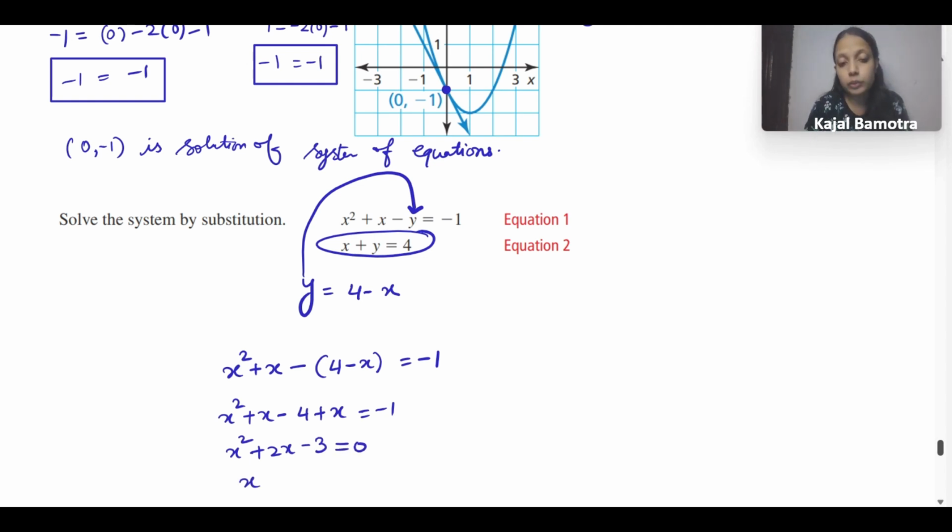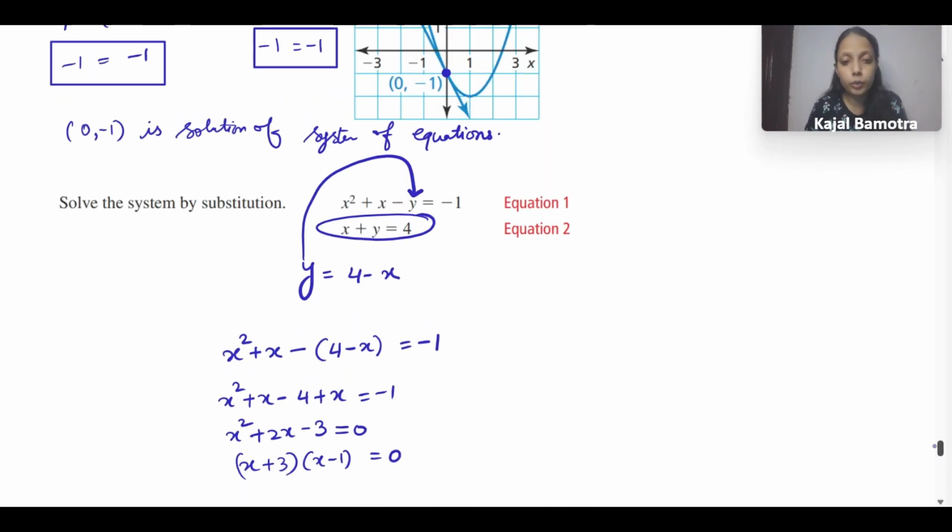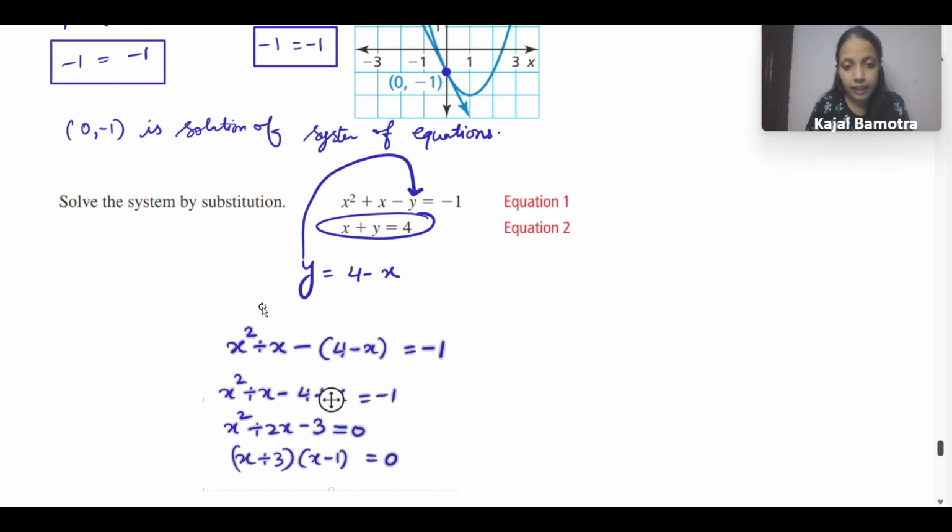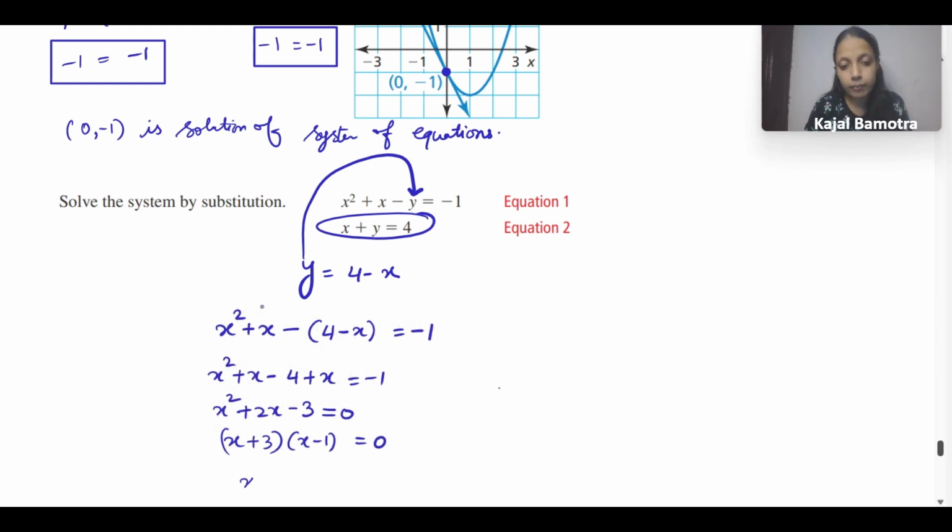The factors will be x plus 3 and x minus 1. These are the two factors. If you solve these two, you will get x equals negative 3 and x equals positive 1. You got the 2 x values.